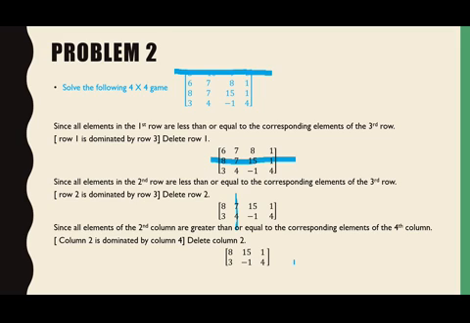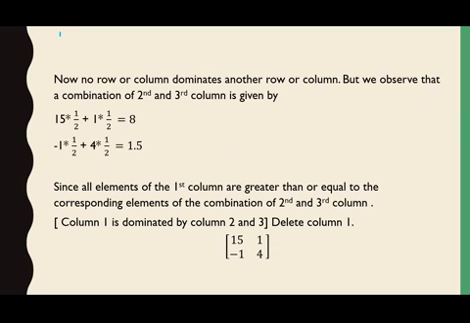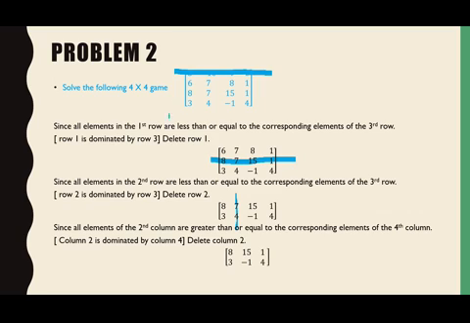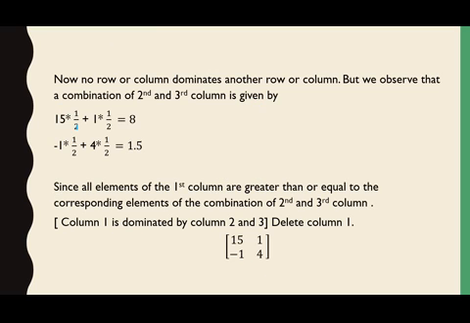Still, I take a combination, right? Now I am taking a combination of the second and third column. See, second column is 15, 1, third column is minus 1 and 4. So I'm using that combination and taking half values of each.